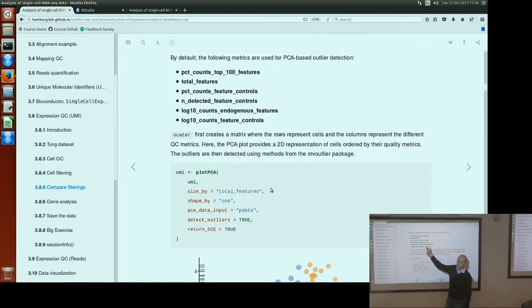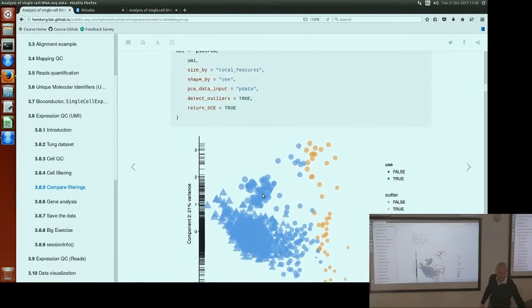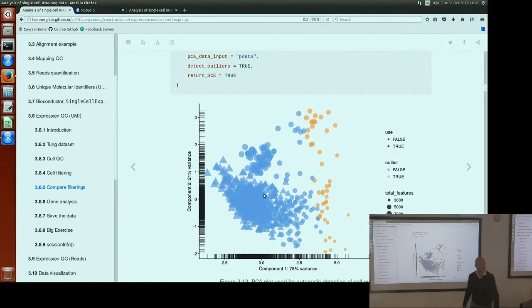This is called loadings in the PCA. So yeah, it's possible to do. I don't know whether Scater writes this dimensionality reduction matrix into the dimensionality reduction slot. Not unless you explicitly tell it to. So you can define a parameter here and say that you want to write the results to the reducedDim slot of the single cell experiment object, and then you can explore those PC components in the slot.